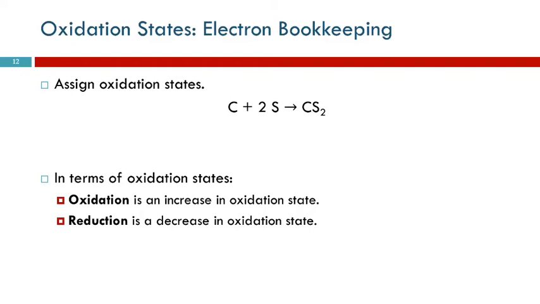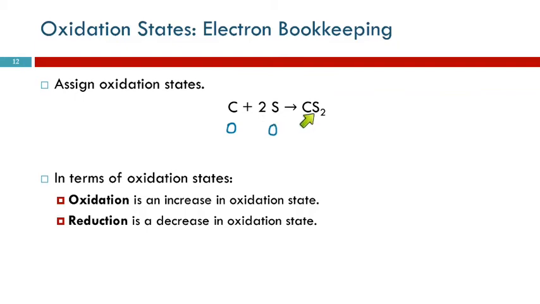So now, if we go back to this equation that we couldn't identify, we can assign oxidation states and look at what's happening. So what's the oxidation state for C? Element by itself? 0. What about sulfur? Element by itself? 0.